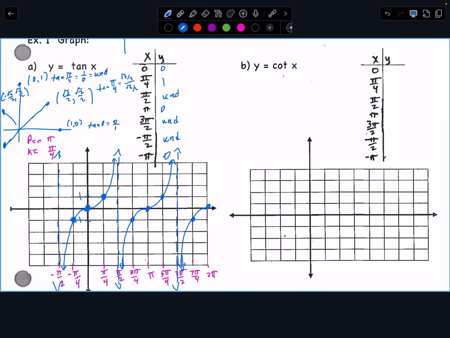So now, cotangent is the reciprocal. So every time you have where tangent is 0, that is going to be where cotangent is undefined. Because cotangent's not y over x, it's x over y.